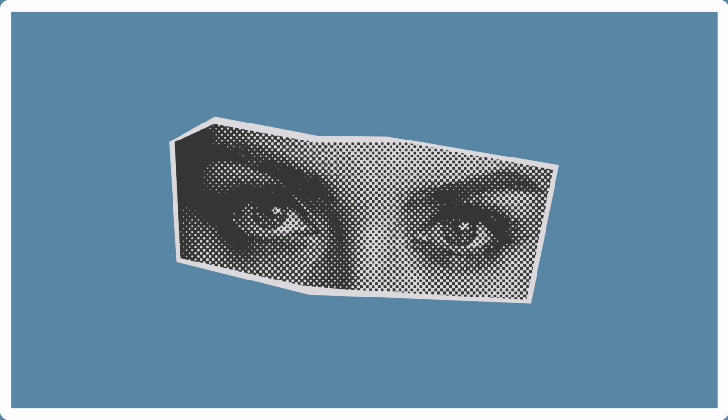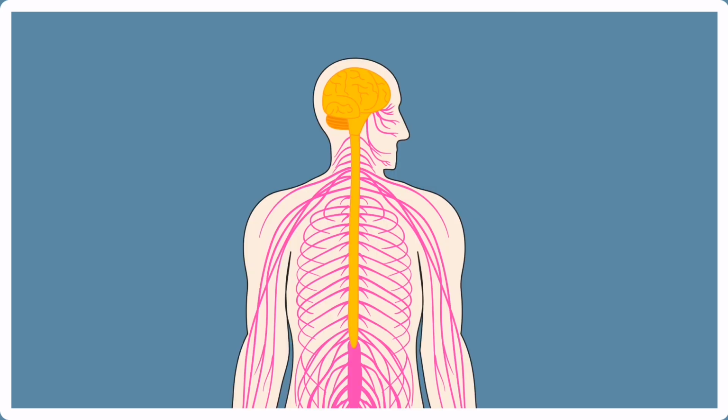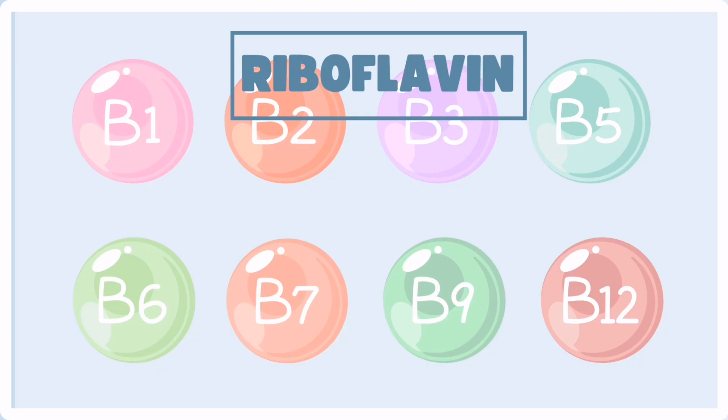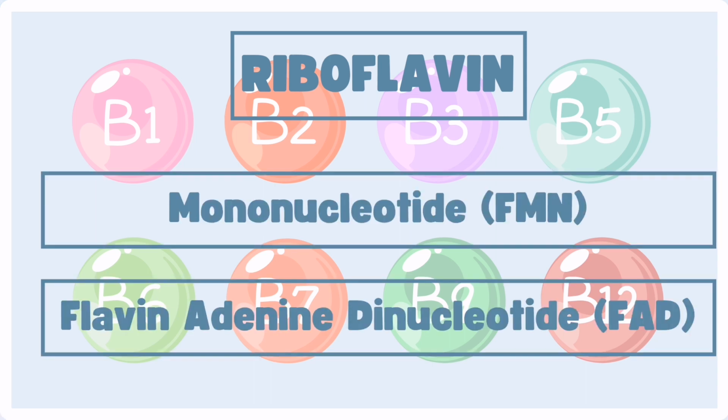They also aid in the healthy functioning of the nervous system. Riboflavin is a coenzyme precursor for the redox coenzymes flavin mononucleotide and flavin adenine dinucleotide. FAD is a cofactor for enzymes involved in fatty acid beta oxidation, which occurs when fatty acids are broken down in the mitochondria to create acetyl-CoA.